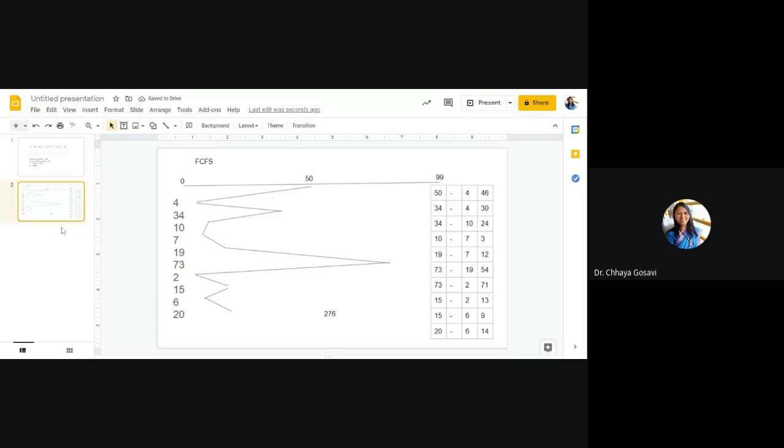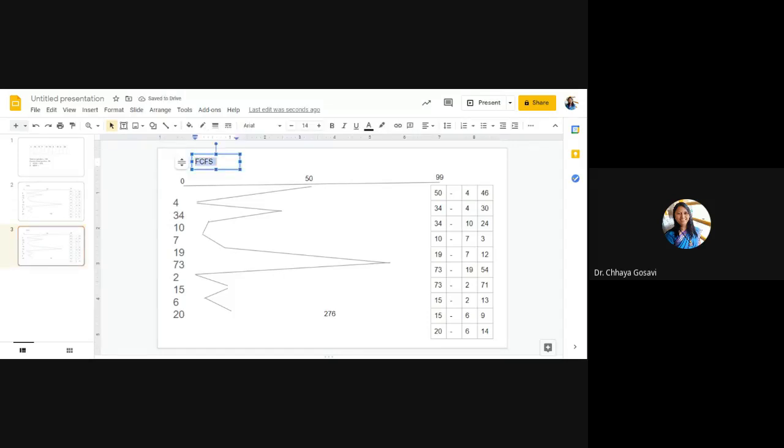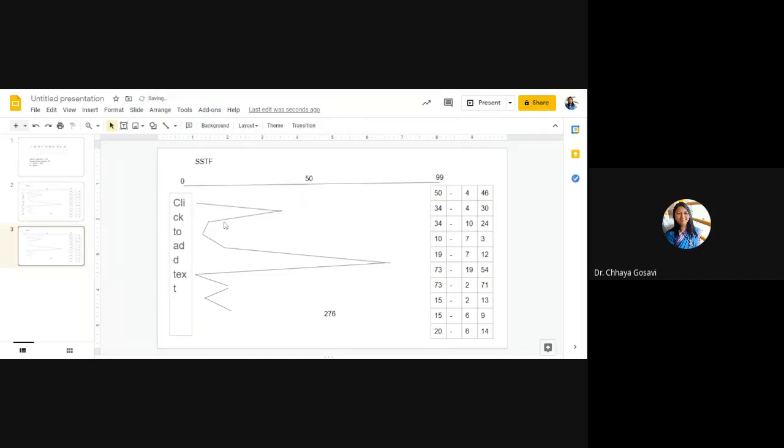Now in SSTF, we have to sort this request queue. We have to find out which cylinder is near to the current head position.